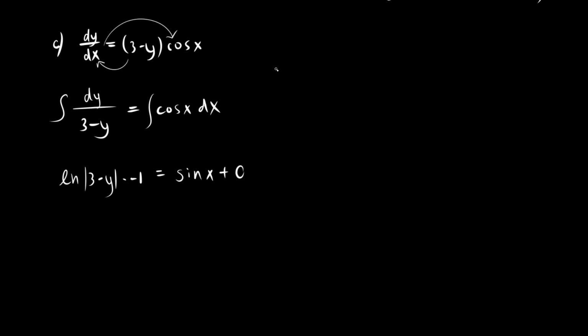And just on a little bit of a tangent, there's technically a constant of integration on both sides because we're taking two integrals. I know I've mentioned this before, but I'll do it again.